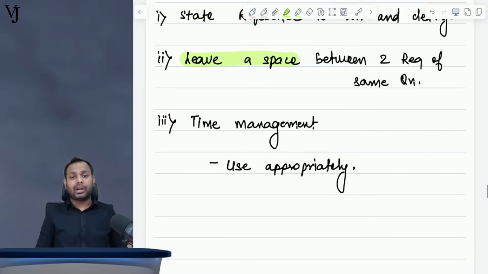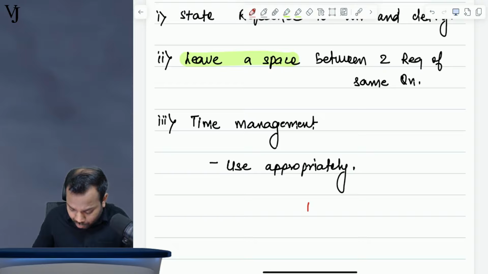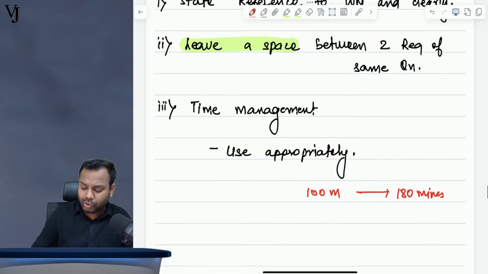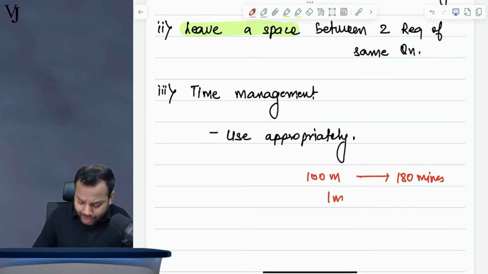Now the third comment is time management. The examining team is saying that there are a total of 100 marks of questions, and you have 180 minutes to solve them. So we can say that per mark you have 1.8 minutes.